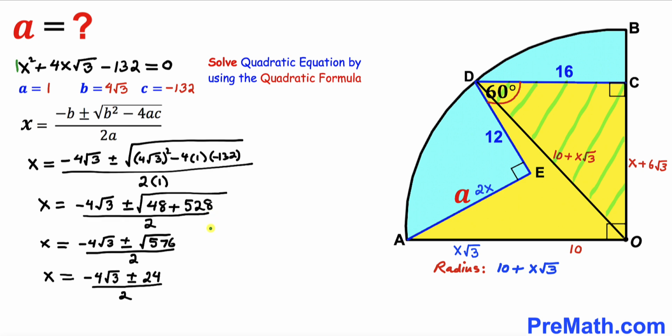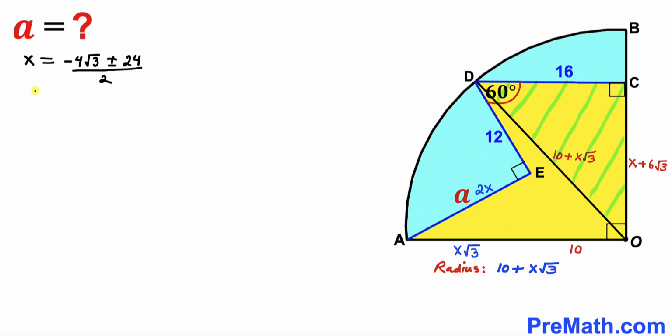And here are our next steps, and we can see that we ended up with the square root of 576, which is going to give us 24 over here. So therefore in this step our x value turns out to be negative 4 times square root of 3 plus or minus 24, all over this 2. And here's our next step. I can split this part.